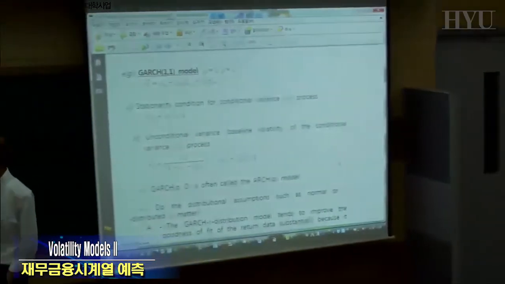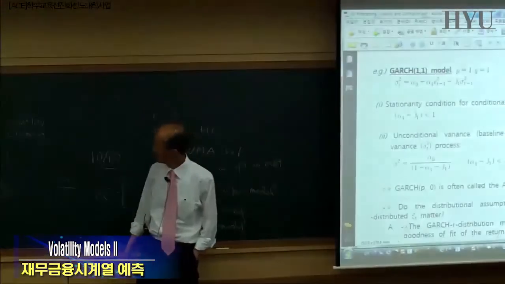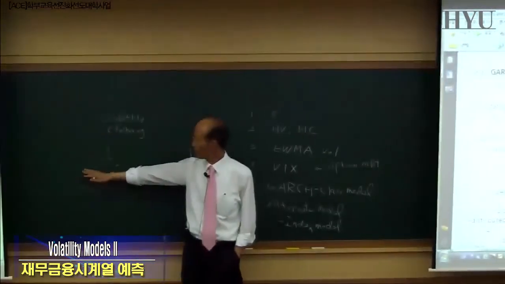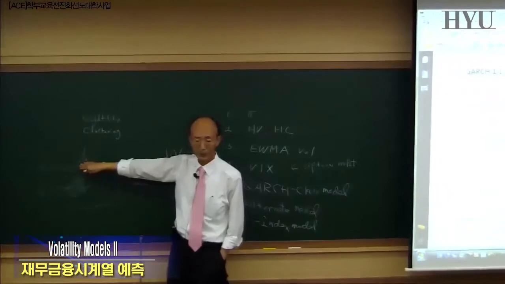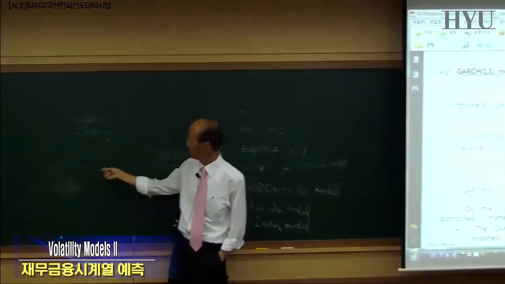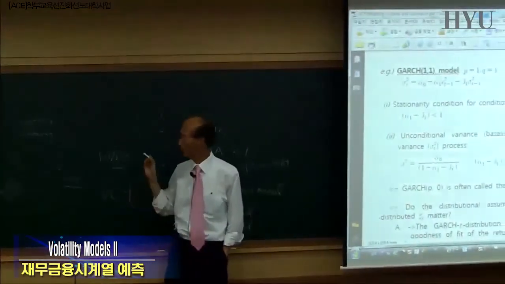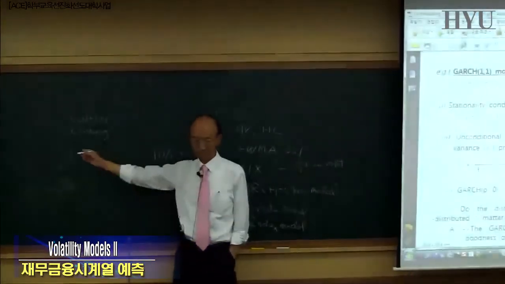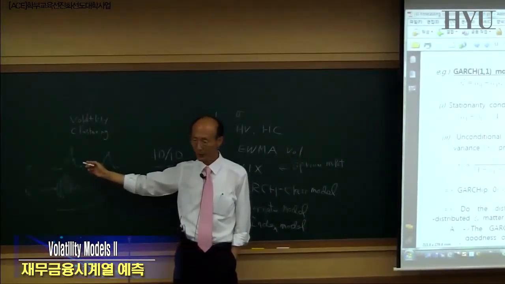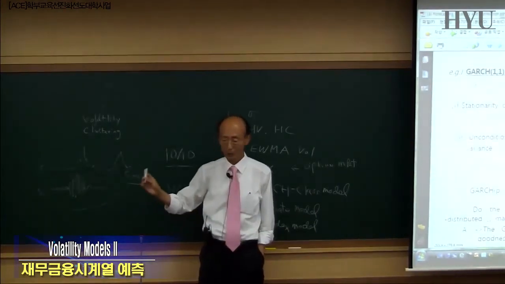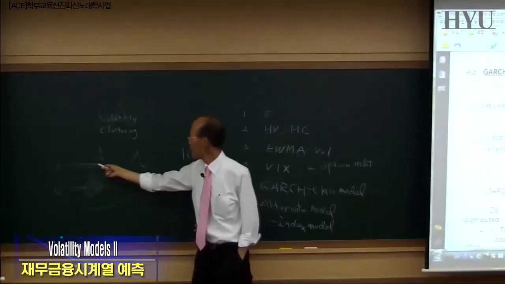And the second result Bollerslev showed in his paper is, well, sometimes it gets more volatile than other periods, right? What would be the long-term volatility in this process? What I'm saying is, what would be the average volatility?